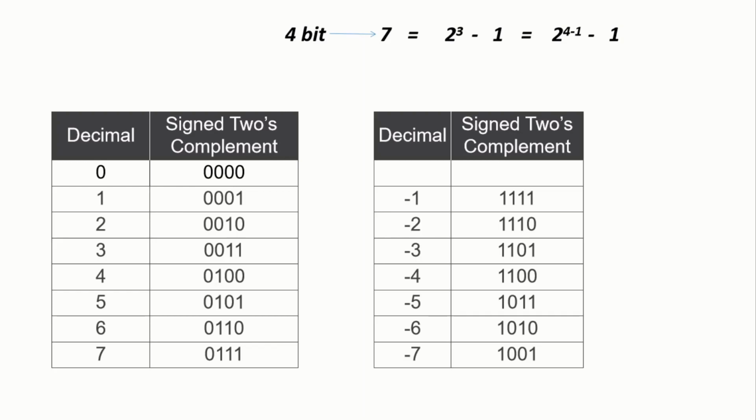So for any n-bit 2's complement data, the maximum number that can be stored in it is 2 power n minus 1, minus 1. As we are dealing with 14-bit 2's complement data in the accelerometer, the maximum value that can be stored in it is 2 power 13 minus 1, which should represent plus 8G acceleration. So let's use this mapping to convert our decimal acceleration data into the acceleration in meters per second squared.